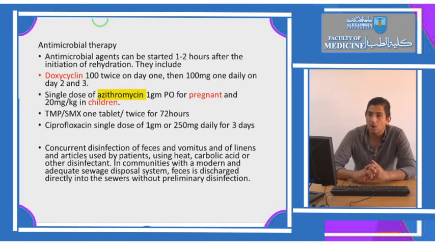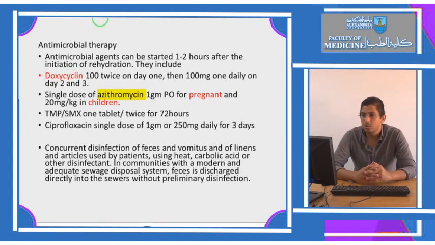So a single dose of azithromycin, 1 gram orally, is given to pregnant women or children. Maybe trimethoprim-sulfamethoxazole or ciprofloxacin, but ciprofloxacin is also not preferred in pregnant women and children.